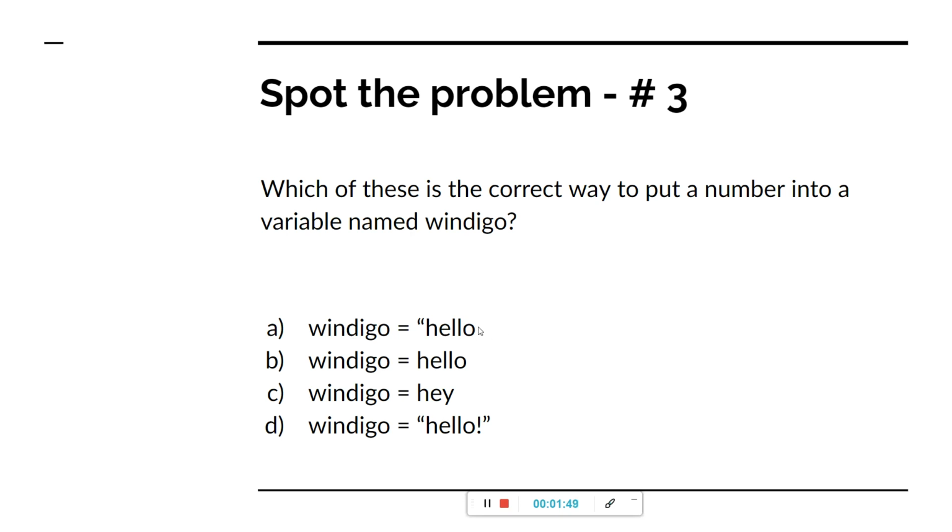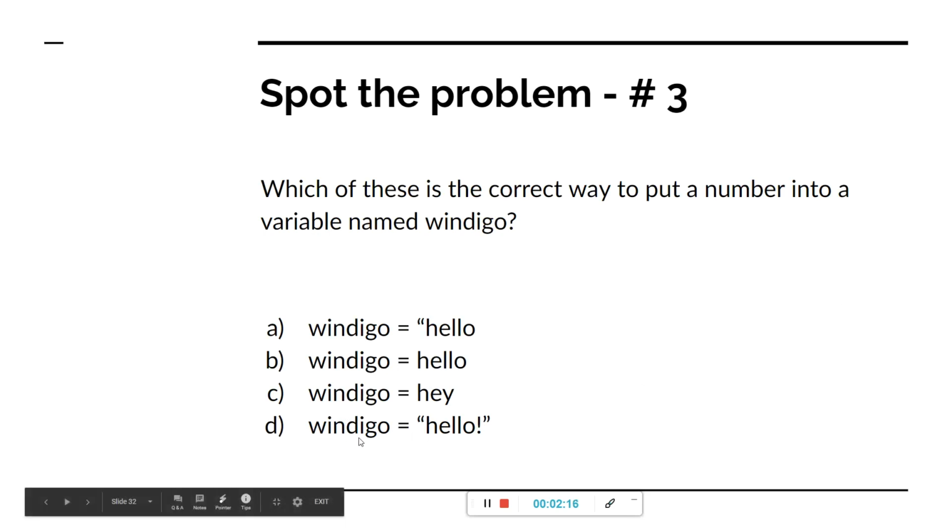It will freak out, and the program won't work. Wendigo equals hello. There's no apostrophes, so this doesn't work. Same thing for this one. There's no apostrophes, but this one has apostrophes around the hello and the exclamation mark, so this one will work. So in this situation, we're putting the word hello with an exclamation mark inside the variable we've called Wendigo.